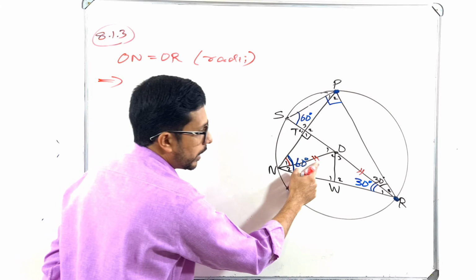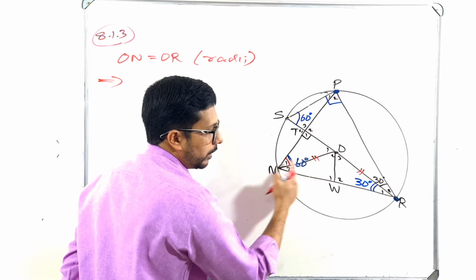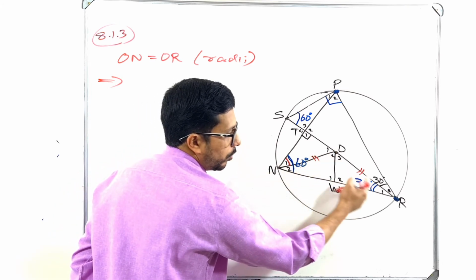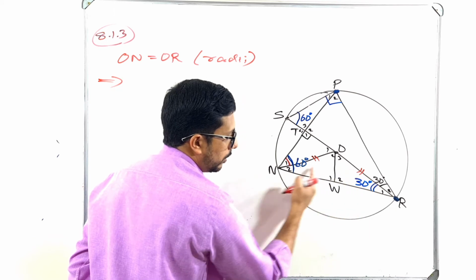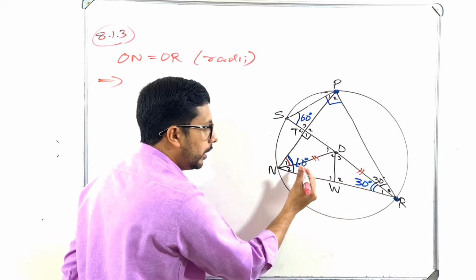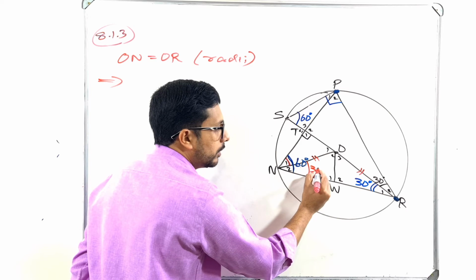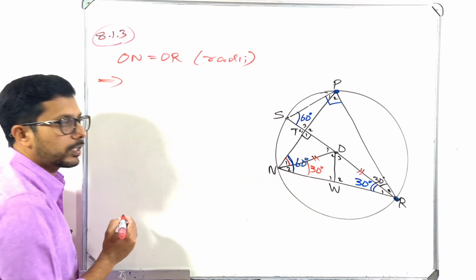So what is the opposite angle of this side? ON, 30 degrees. So what is the opposite angle of this side? OR, that is this N2. So N2 is also going to be 30 degrees. What is the reason?